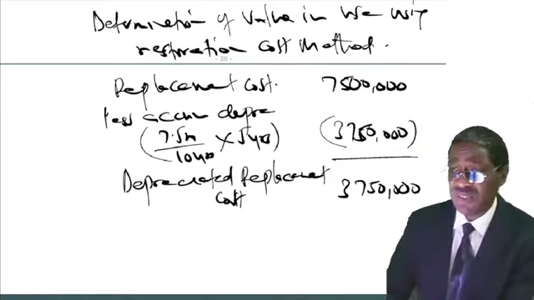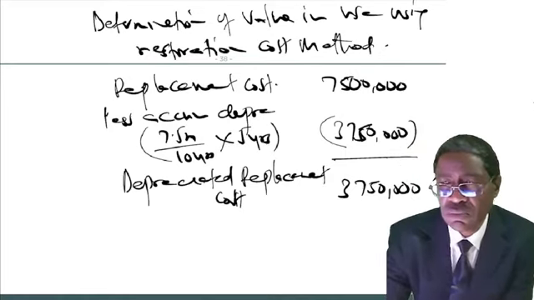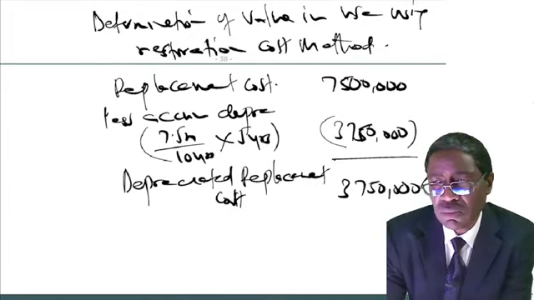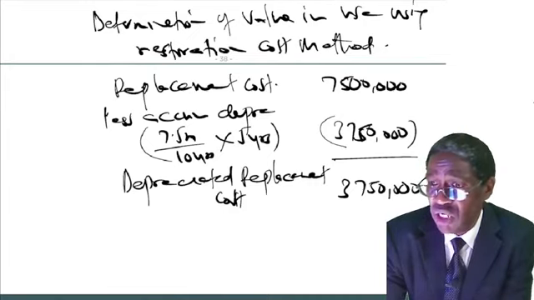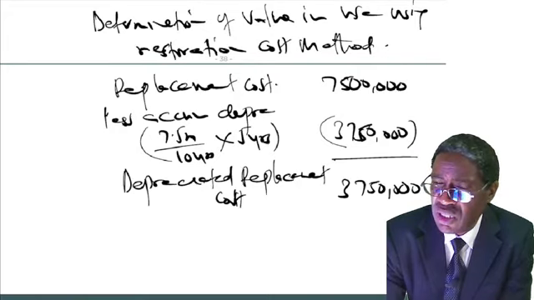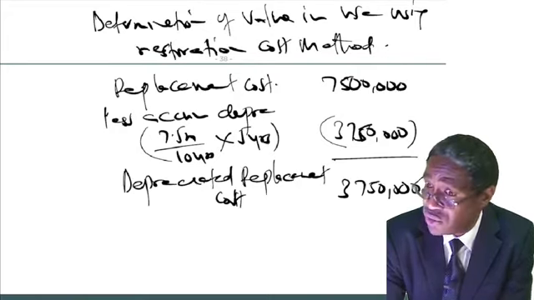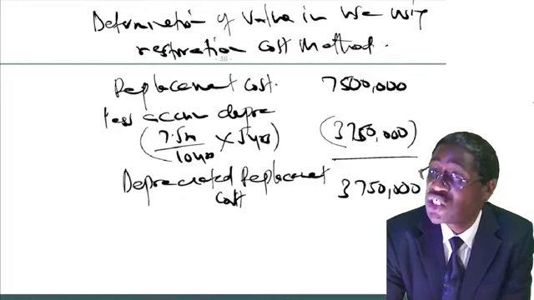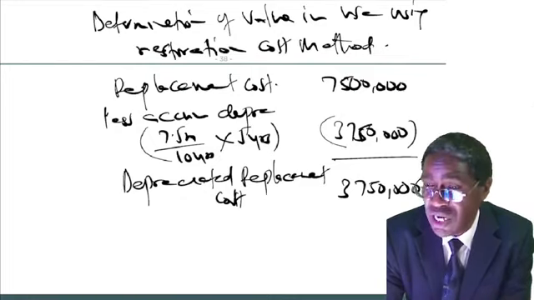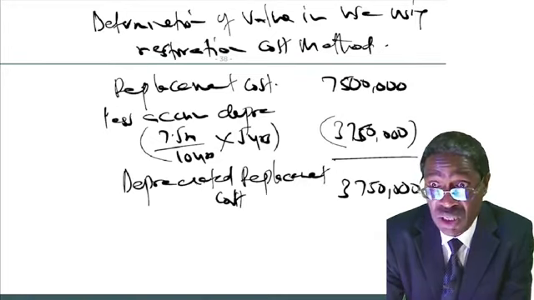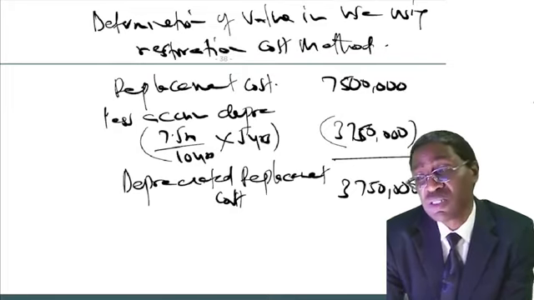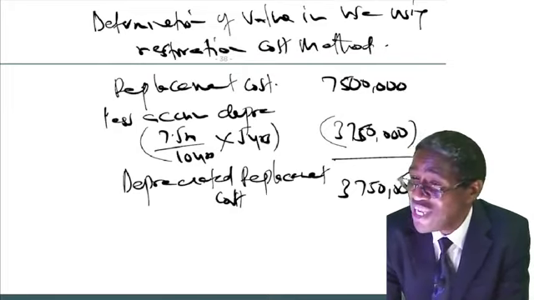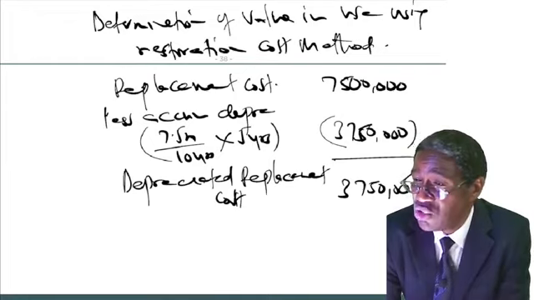I want you to listen carefully. If we were to use this method, which is the depreciated replacement cost, as a method of determining the value in use, remember there is nowhere we are told how much the bus can be sold for.